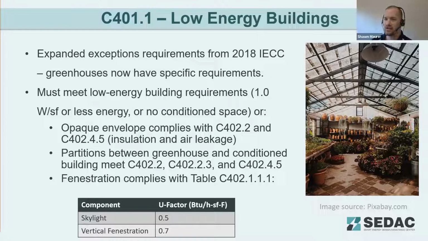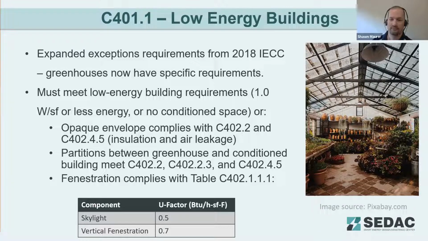There were some updates to low energy building requirements. So they expanded exceptions and added in specific requirements for greenhouses. So a greenhouse must meet the low energy building requirements that are already stipulated in the 2018 IECC, or have opaque envelope assemblies that meet the insulation requirements for the envelope, have a partition between the greenhouse and conditioned buildings that meets that requirement, and then has specific requirements for fenestration.